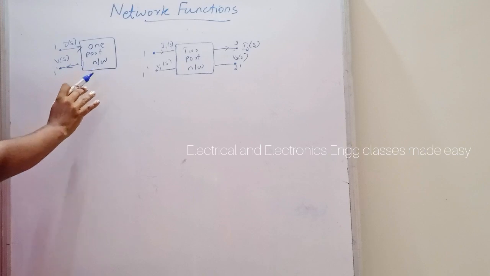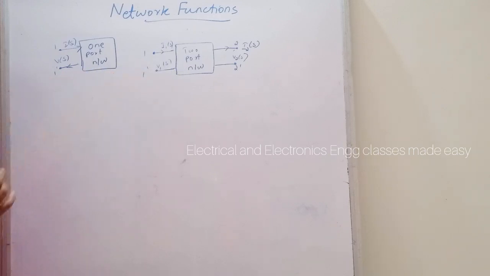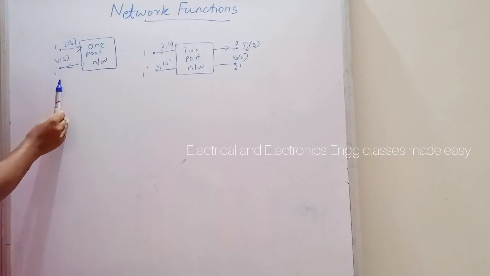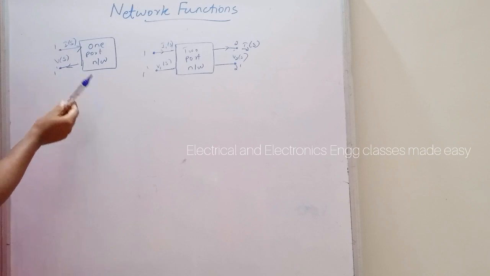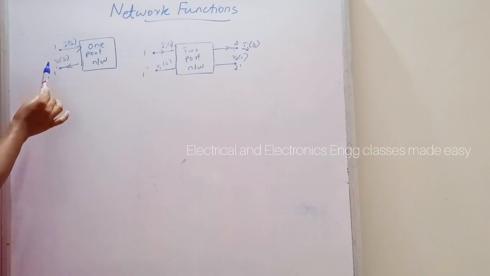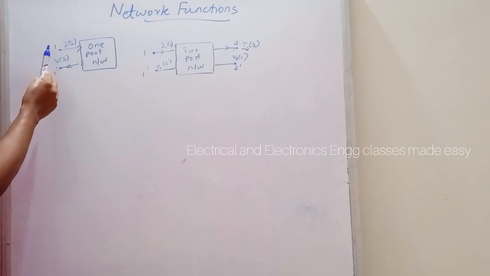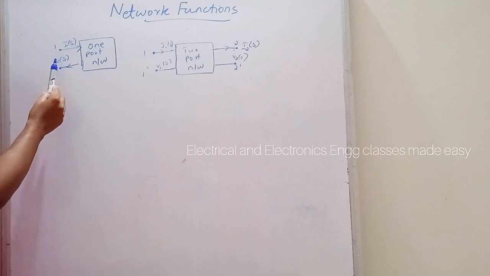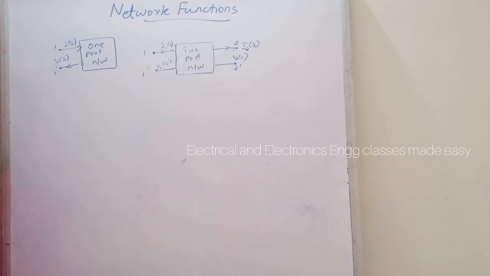This is a one port network and this is a two port network. A pair of terminals at which a signal may enter or leave a network is called a port. A port is defined as any pair of terminals into which energy is supplied or from which energy is withdrawn, or where the network variables may be measured.